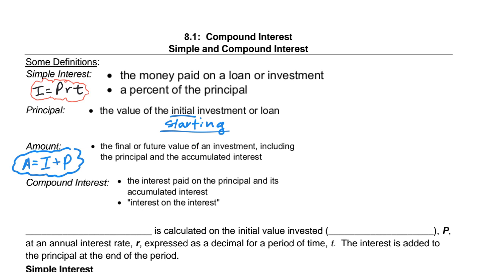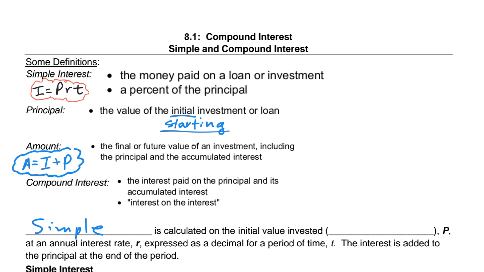In essence, we end up with a thing called interest on the interest. I know it sounds confusing at this moment, but I guarantee you later on you're going to see how this works with the concept of simple interest as its base.